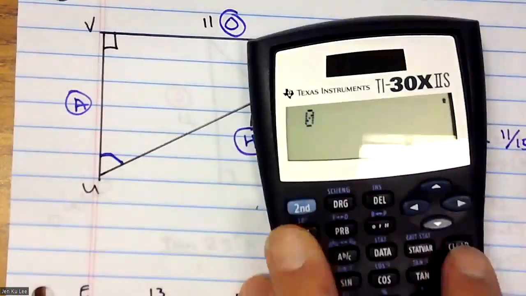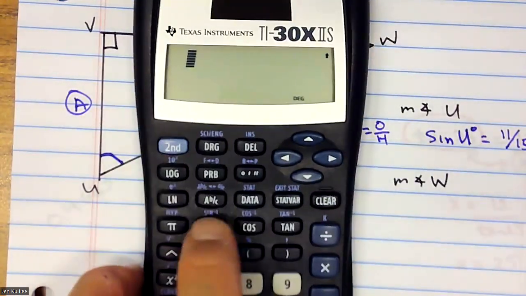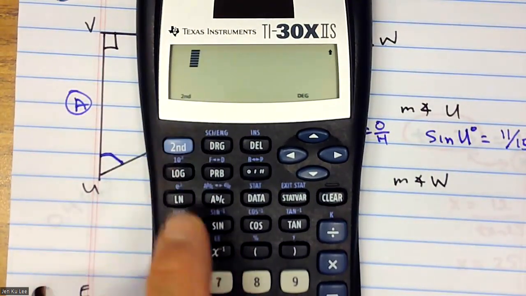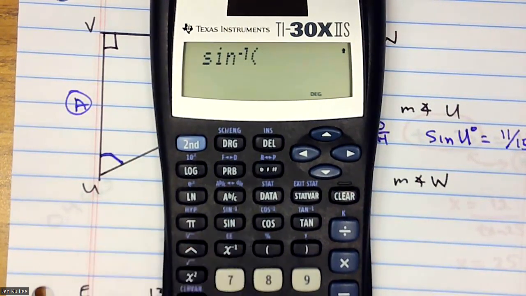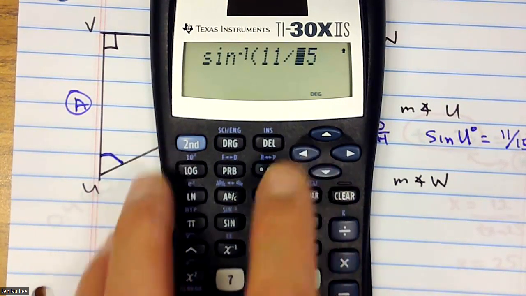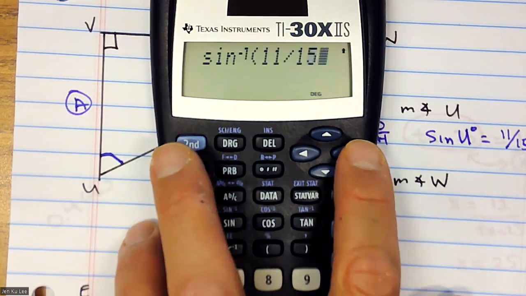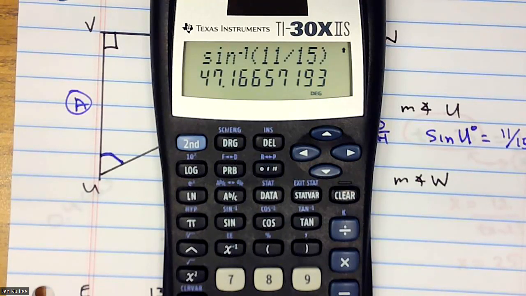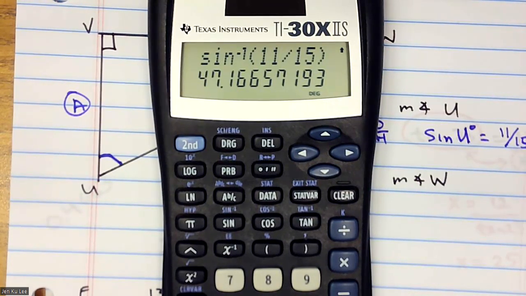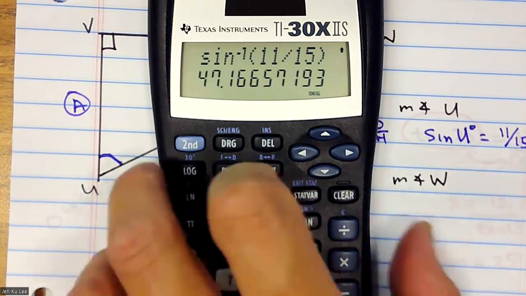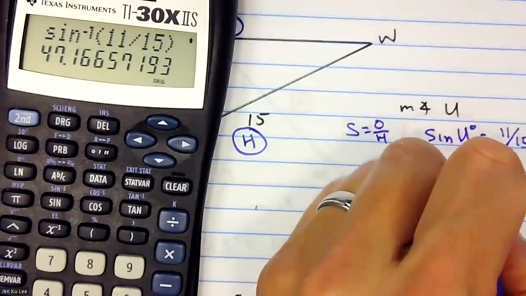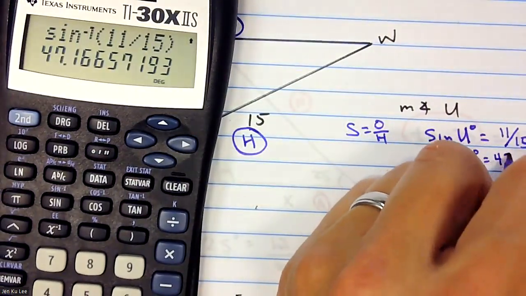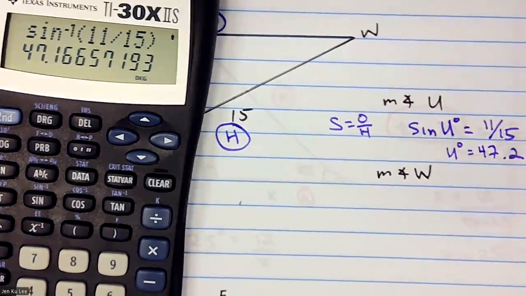And I just bust out my calculator. I'm going to get the inverse sine of 11 divided by 15. Oh, not 25, 15. Okay, and that's it. 47 point, let's round it to the nearest tenth, 47.2. So U degrees equals 47.2.